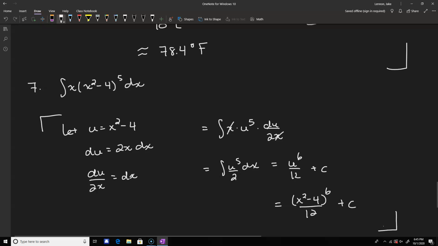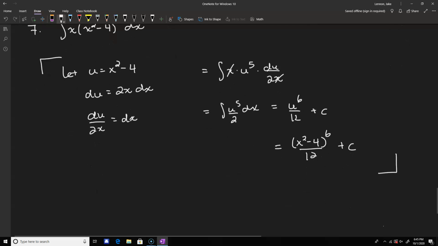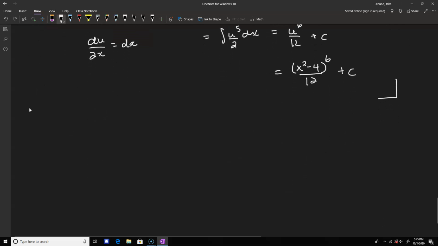And that's the substitution there. Just don't forget that that 2 doesn't cancel like I did. We'll get one more substitution with an exponential function. So 8, let's say we have the integral of x times e to the 4 minus x squared dx.